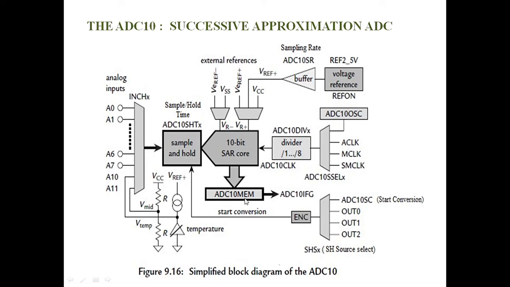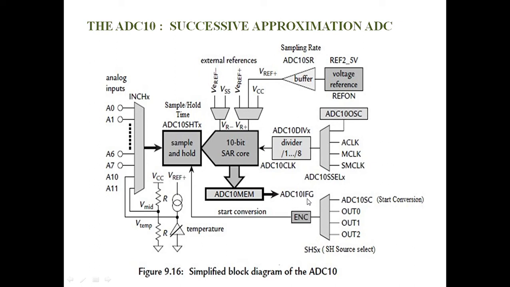Here this ADC module contains DTC, data transfer control, which automatically stores the converted digital value into the memory without involving the CPU. So whenever it is storing into external memory devices, the interrupt flag will be 1.